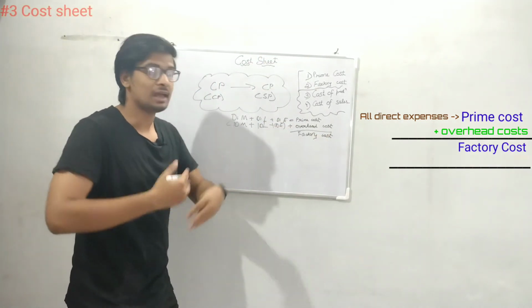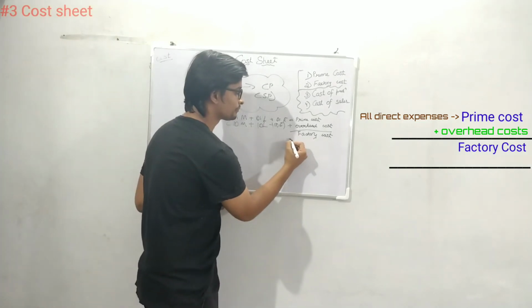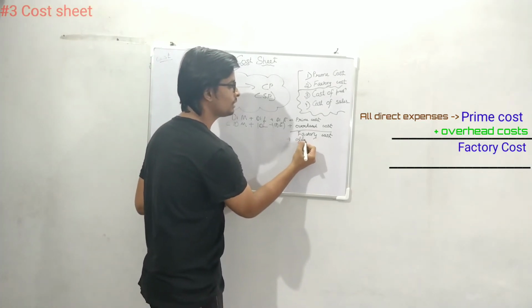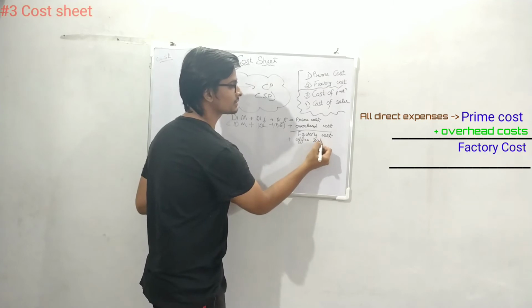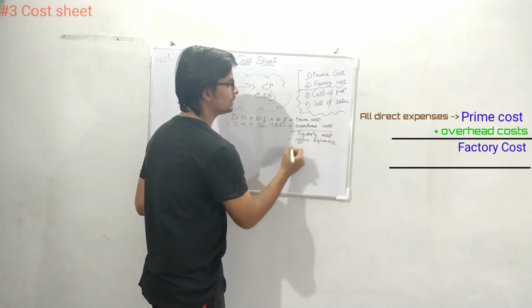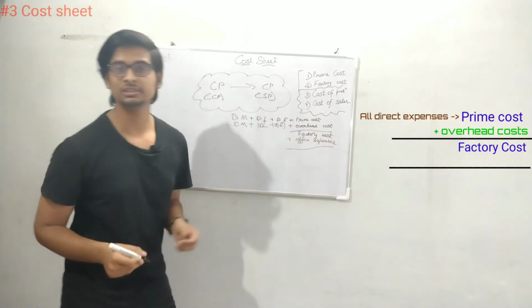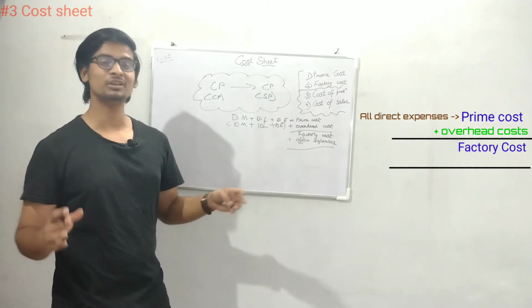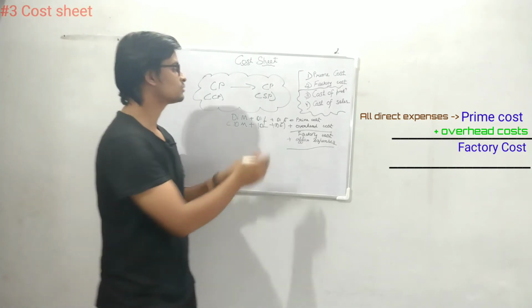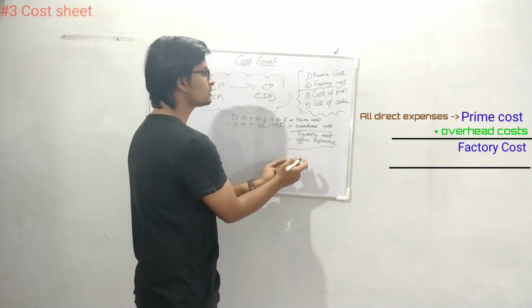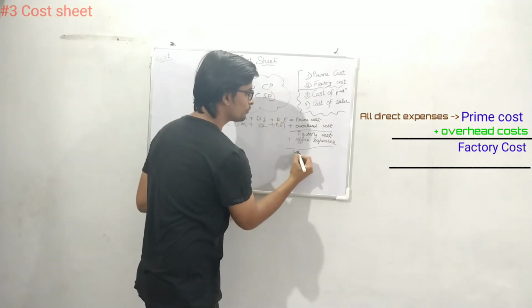Now if we add the office expenses, we have completed our foundation, and I think you know which are all the office expenses. So if we add the office expenses to it, we get cost of production.